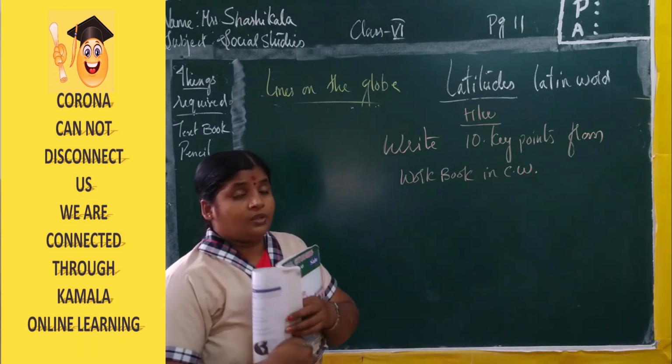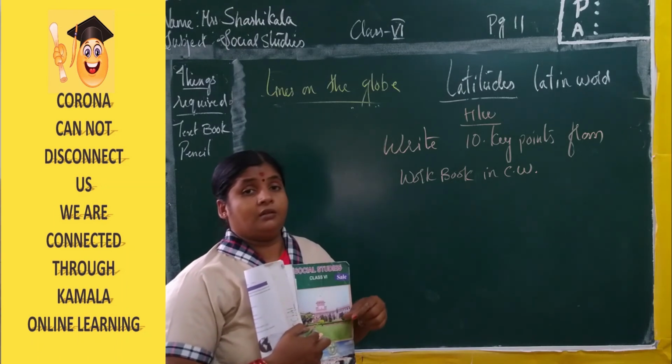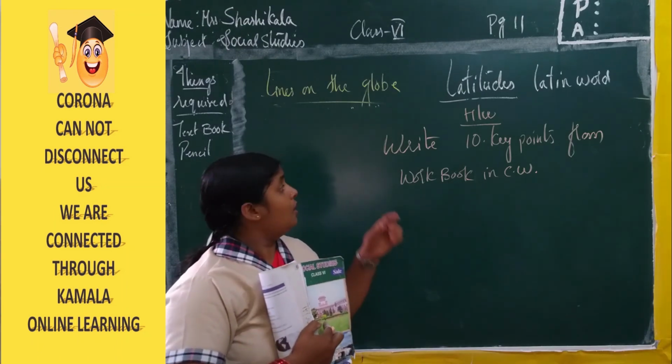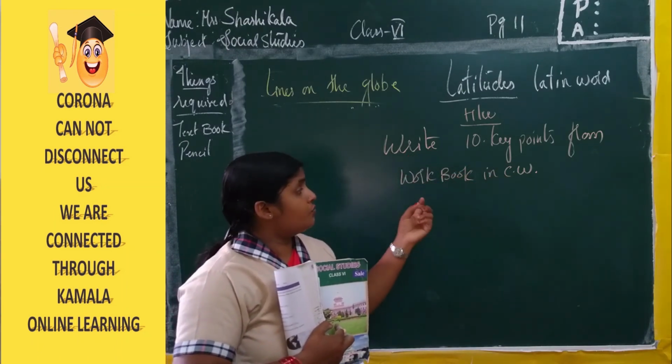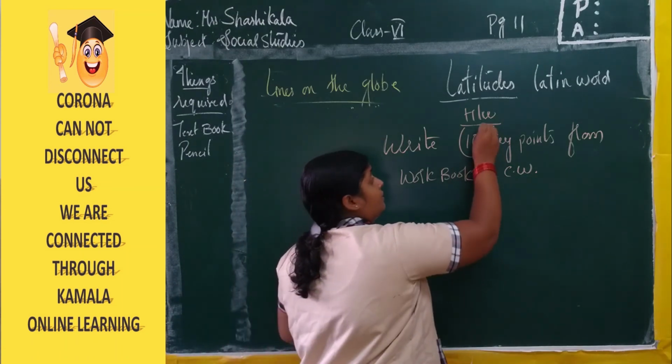I hope you have understood. In the first lesson, in the first class, we did the keywords as homework. Now here you have to write the 10 key points from your workbook in classwork.